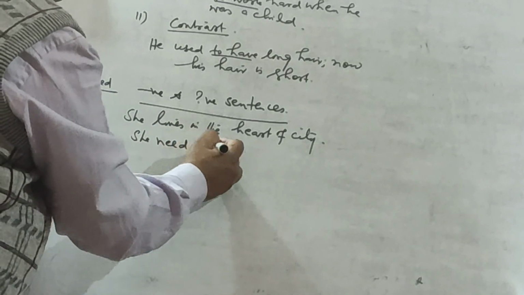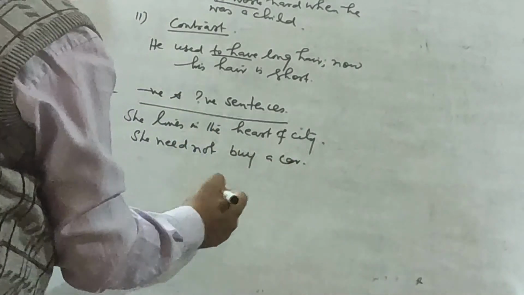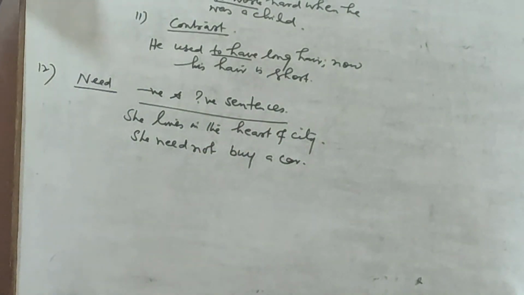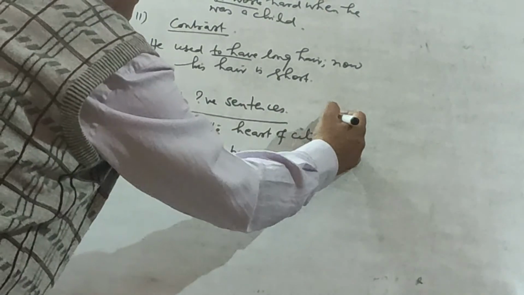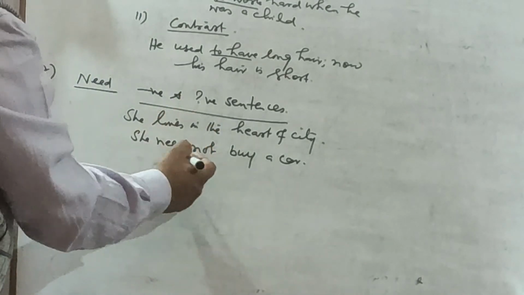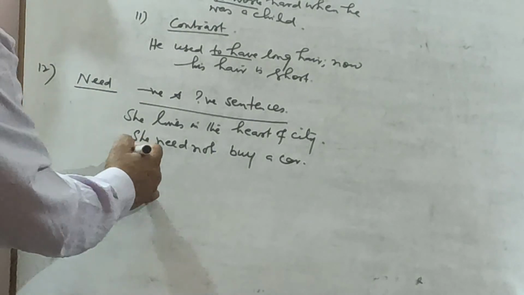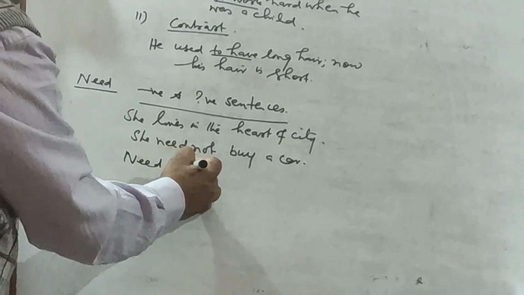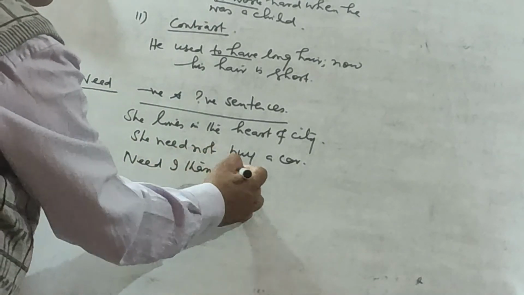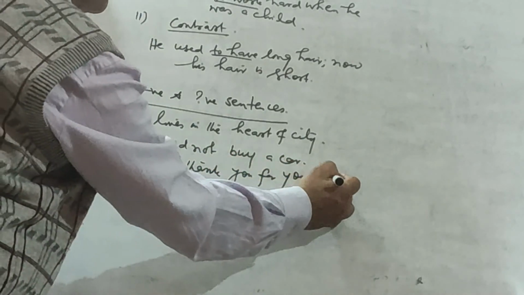She need not buy a car. Or we have another sentence. I have washed the car. You needn't wash it now. So it is need not. It is used in the negative and interrogative sentences. And then need I thank you for your help.